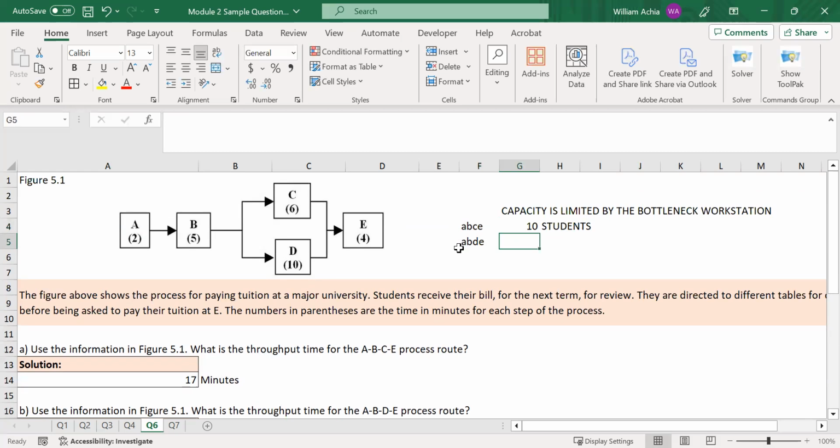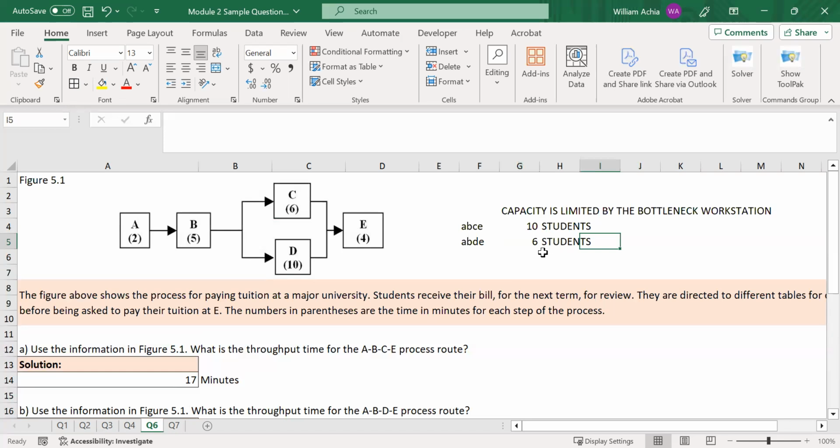Again, I need to figure out my bottleneck workstation, and the one that takes the longest amount of time is this right here, 10. Since 10 is the longest amount of time taken, I want to figure out how many students can actually be served along that path. In 1 hour we have 60 minutes. Divide that by 10, we can serve 6 students here.